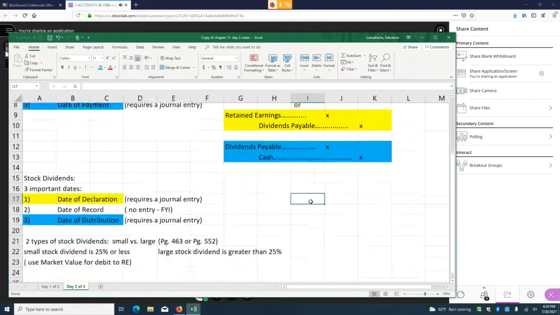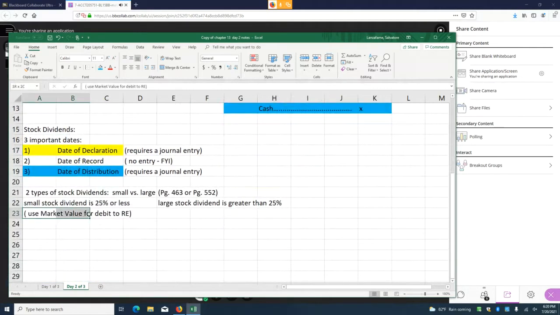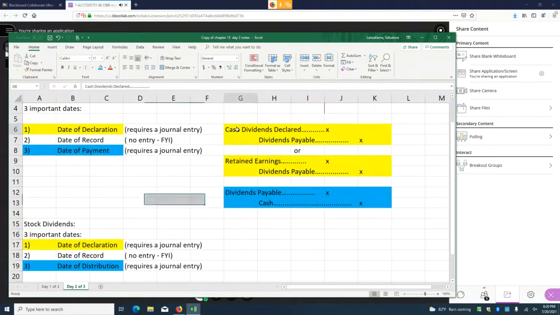So that's why I just said use market value for the debit to retained earnings. So when we go to do this journal entry, or something similar to it, we are going to be using market value to figure out this debit. We'll do an example, but I'm just letting you know ahead of time.